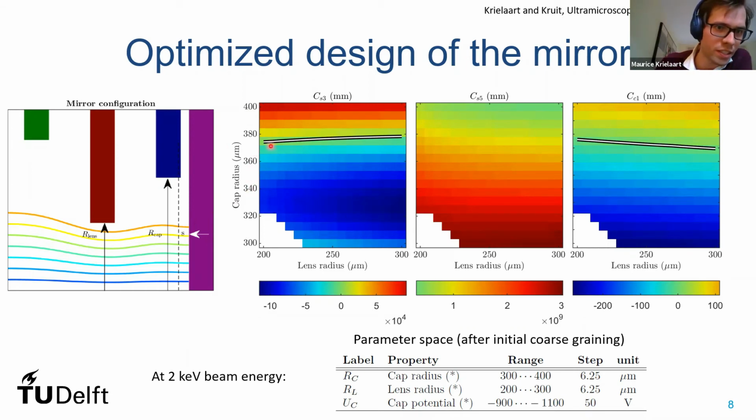So what we see is typically for cap radius around 370, 375 micrometer, we'll have almost zero third order spherical aberration, with almost zero chromatic aberration, and still will be limited by fifth order aberrations because they are still non-zero. But anyway, it gives a good hope that you can actually find an optimum configuration here.